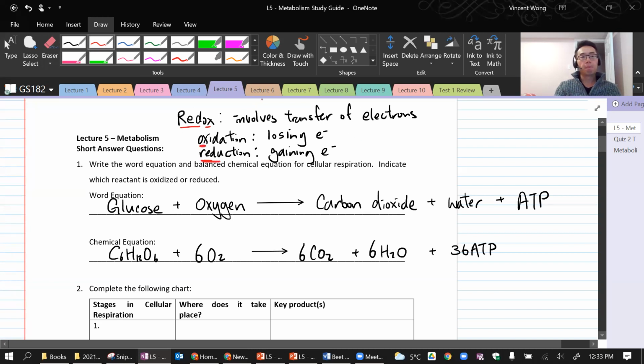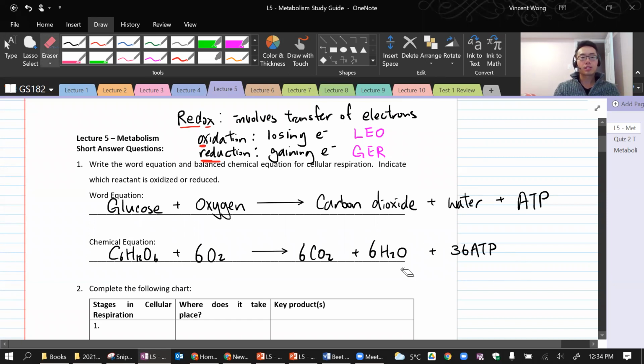You might have heard this before. Losing electron is oxidation. So people say LEO, losing electron, oxidation. And then gaining electron is reduction. So GER, LEO and GER. That's how you can remember which is which.